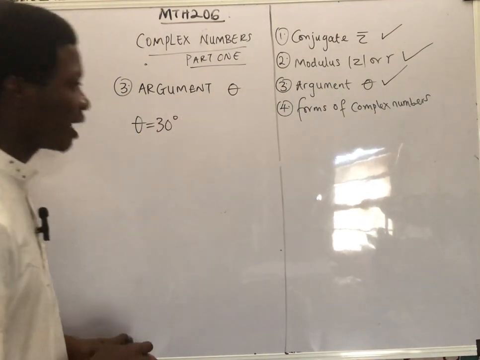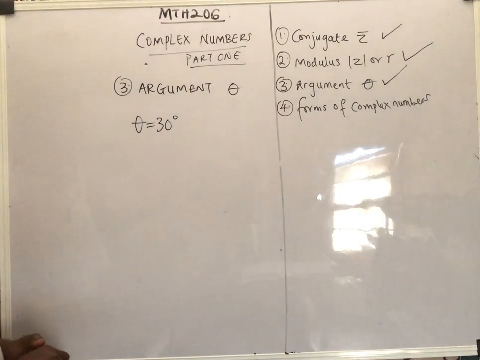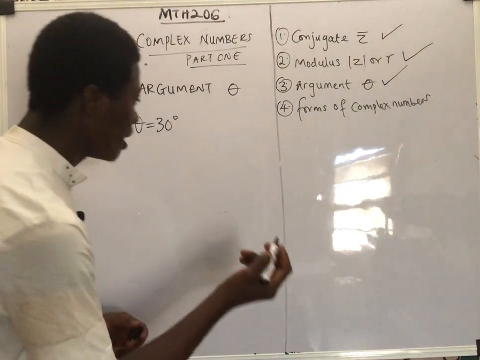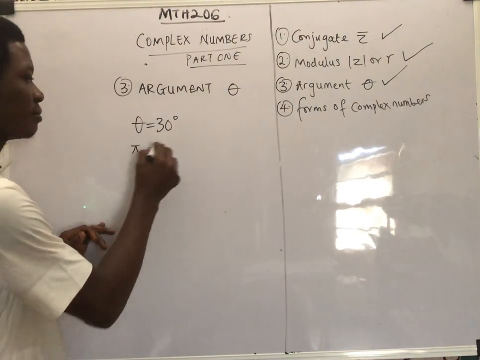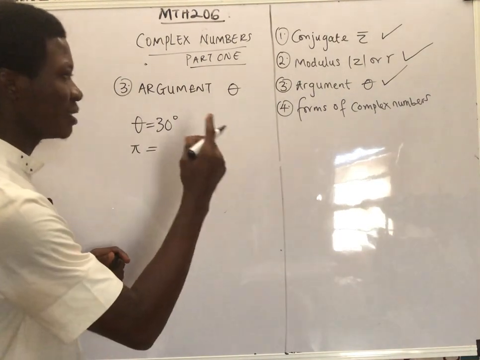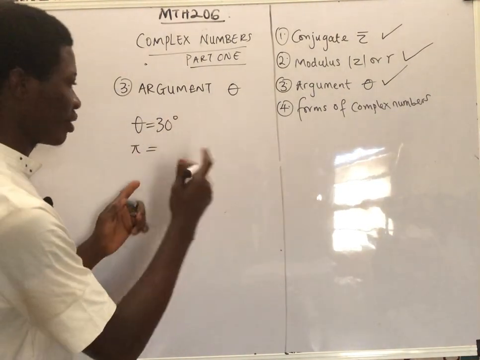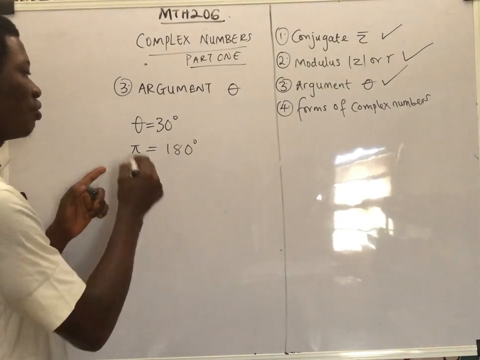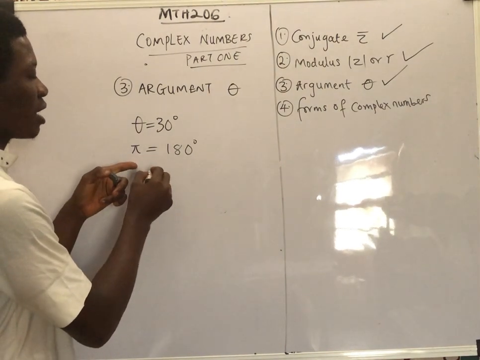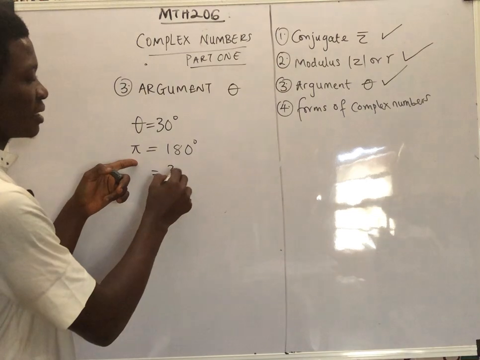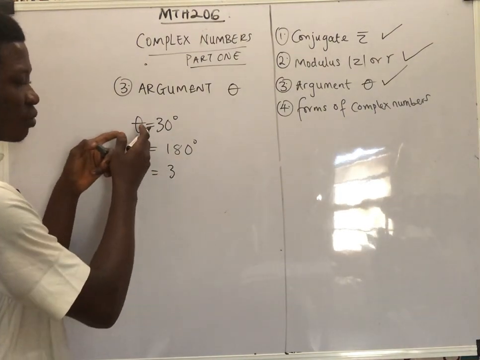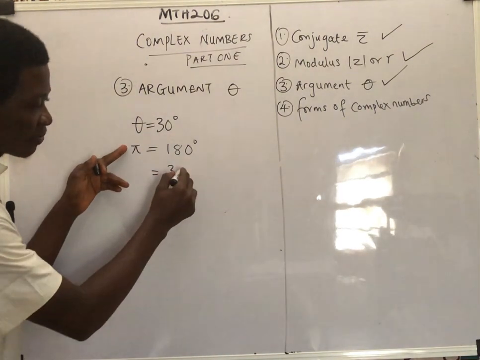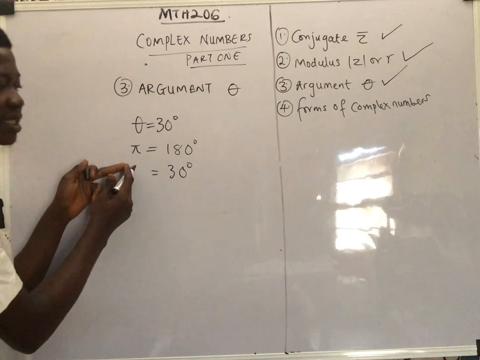The simple way of doing that is, you remember that to convert to radian, it is written in terms of pi. Your pi is actually 180 degrees. So what is the value of 30 degrees in radian?